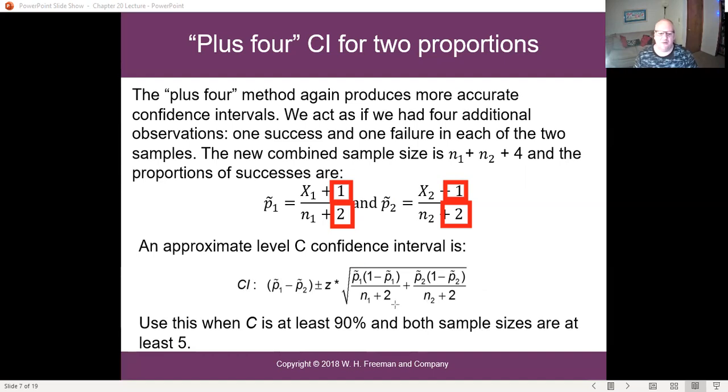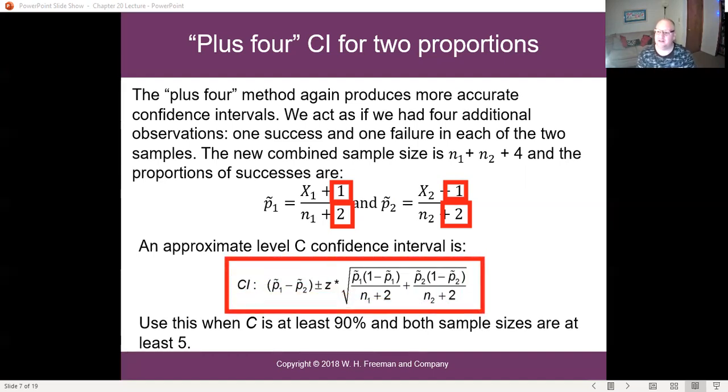And then what you're looking at here is the same thing, except all of the hats have been replaced with tildes, meaning do it again using the figure that we find for p tilde 1 and p tilde 2, and just put them all in the same positions. Don't forget when you do this, though, that the new sample size is n1 plus 2 and n2 plus 2.